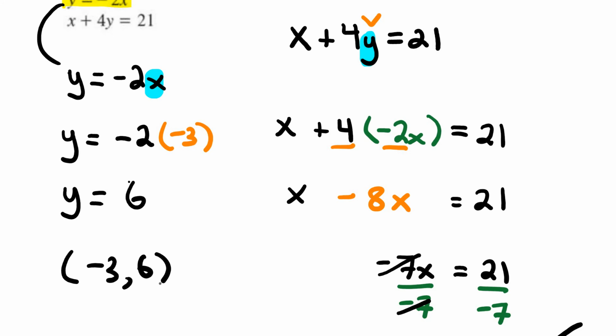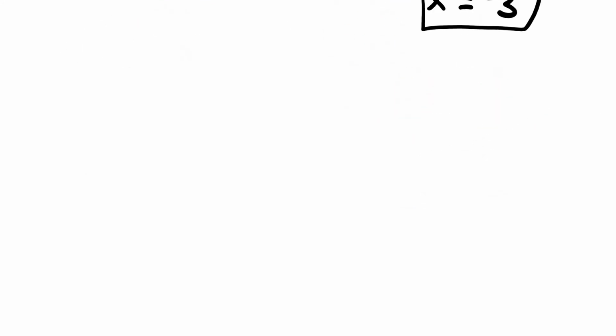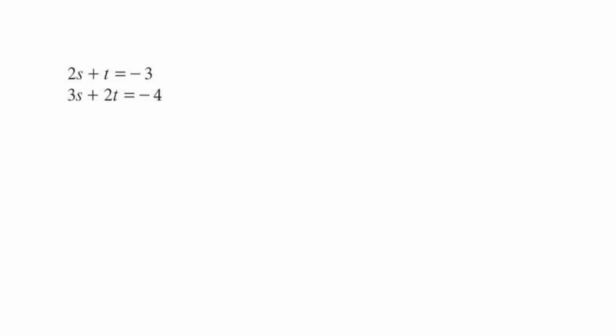Okay, great. Let's go ahead and do the next few questions now. So hopefully you're okay with what substitution is, and it's all about just eliminating the algebra steps. For this question here, let me take a look at the first equation here, and I noticed that I can probably isolate this t here. And if I isolate that t, I'm going to take this 2s and move it over.